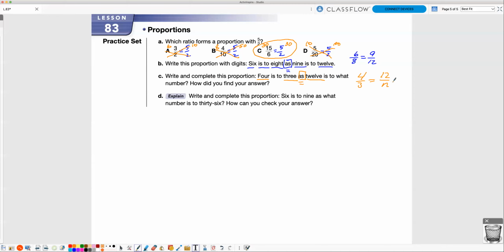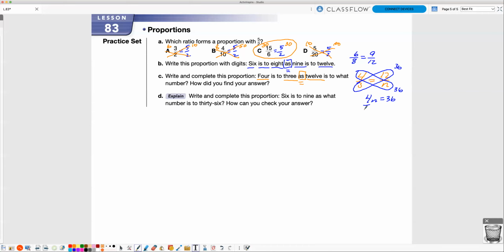It's an unknown. So if I have those numbers, now I have to do my cross multiplication. I know that 12 times 3 is 36. So that means I have to have 4 times some number n that I don't know also being equal to 36. So 4 times n equals 36. That would be the equation.